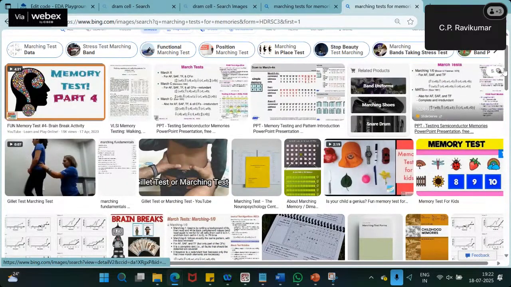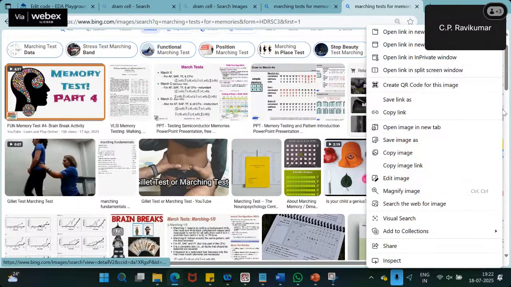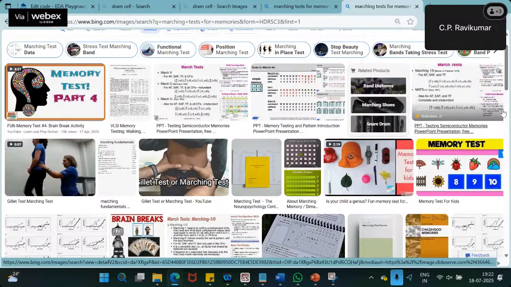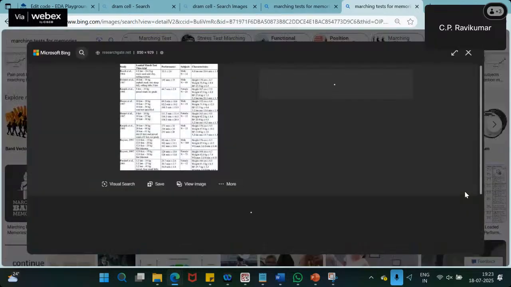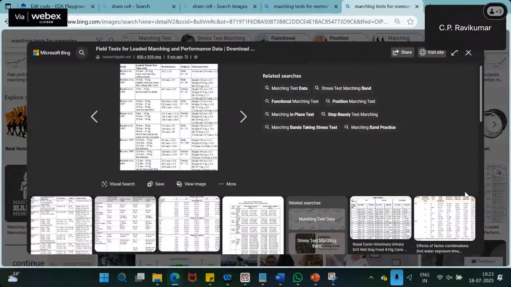So let me see if I can find more such. You will find all these good things in Professor Vishwani Agarwal's book also, and the slides are available here.